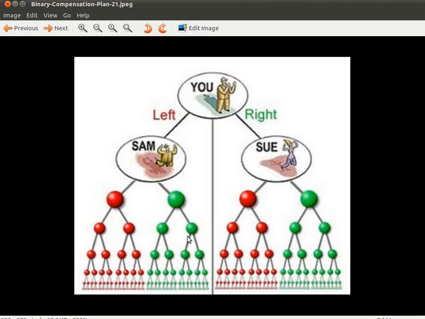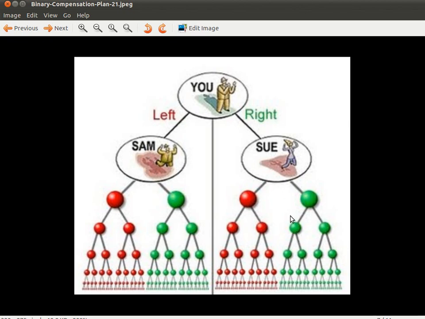And while everyone's building their left leg and their right leg, when we look at you, they are in effect building your left leg. So when Sam is building his left leg and right leg, he is in effect building your entire left leg. Same with Sue, she's building your right leg. Every single person in this section is building your right leg when they add another person to the team.